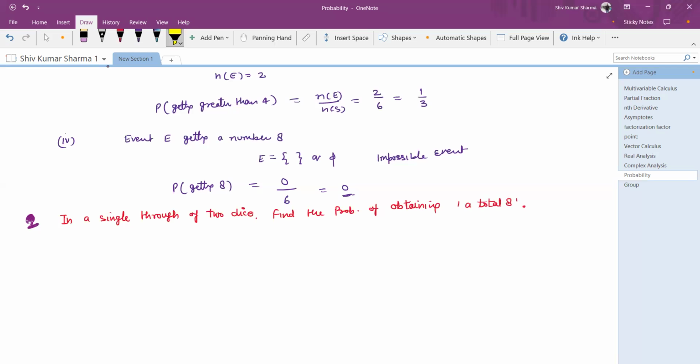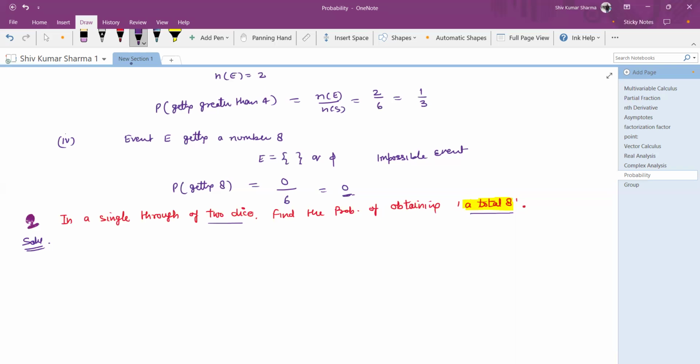That means when two dice are thrown, we are going to calculate the probability of obtaining a total 8. Total 8 means the sum of the two elements of the ordered pair is 8.